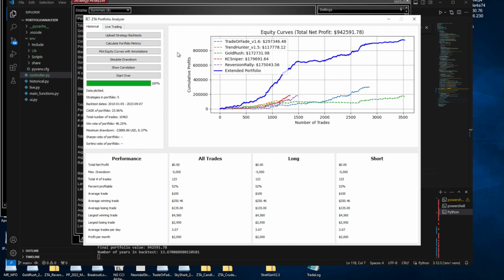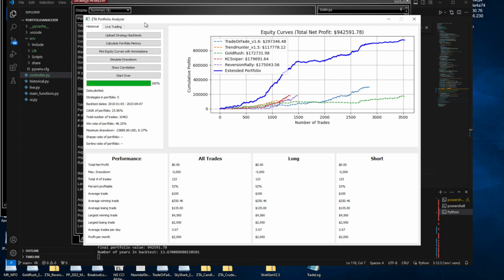I'm not sure if you guys can see, but up here on the left, we also have a live trading tab. This feature I kind of want to keep under wraps for right now, but to give you a glimpse of it, the goal there is to help portfolio traders track and manage their live performance as well.